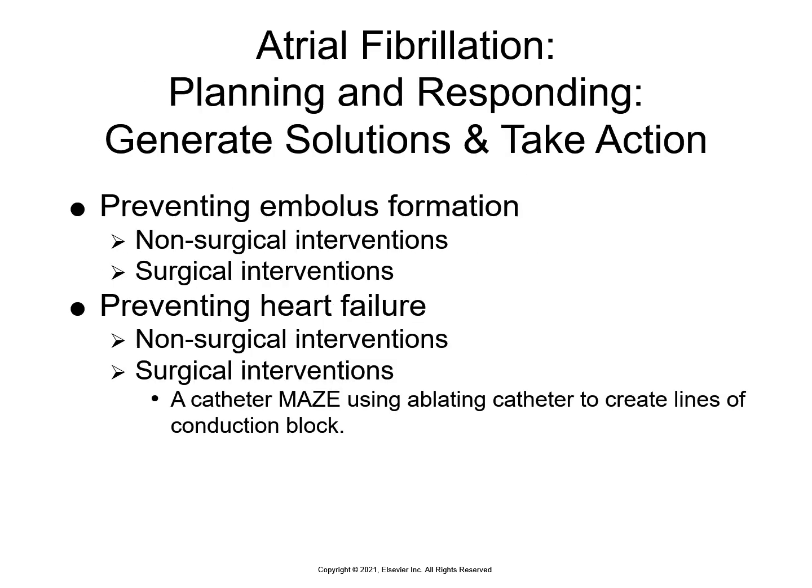So we know that to prevent embolus formation, we need to give them anticoagulants. So long-term anticoagulation such as Coumadin or direct oral anticoagulants that you see on TV all the time now, the Pradaxa, the Xarelto, the Eliquis, those sorts of drugs are selective thrombin inhibitor drugs.